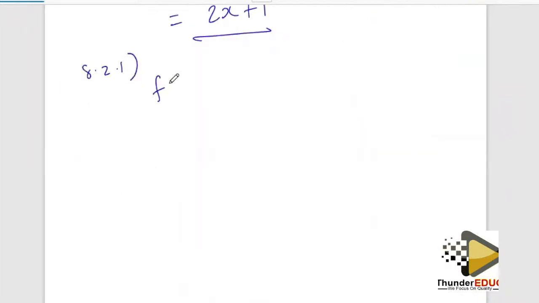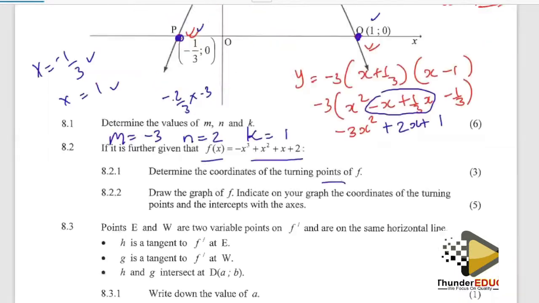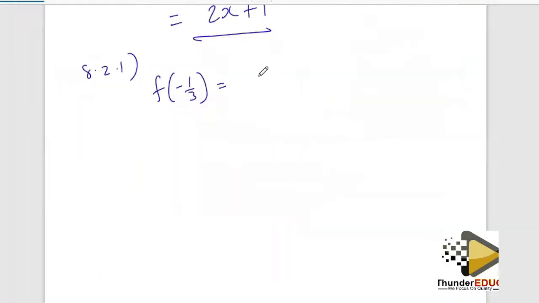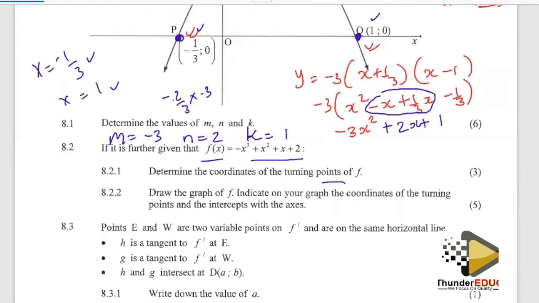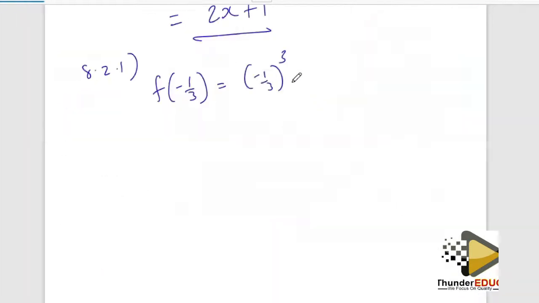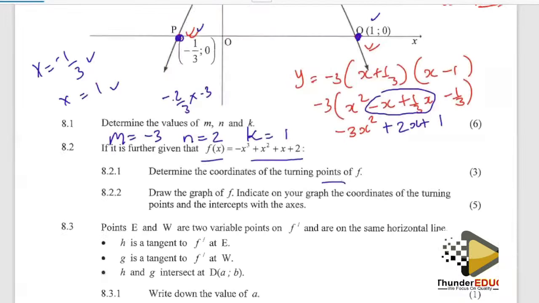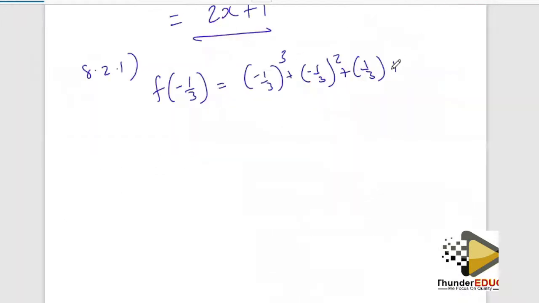We're going to say f of -1/3. I'm using the original, so we said -1/3 cubed, and then we are adding the square of that, -1/3 squared, plus just the x, and then plus 2.